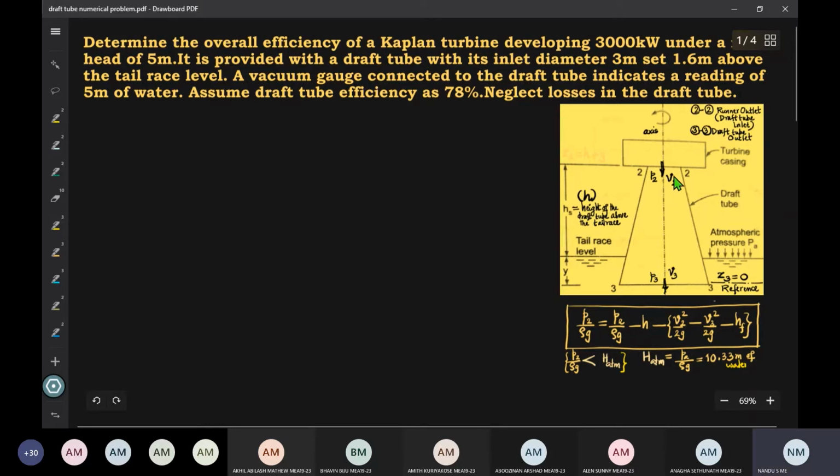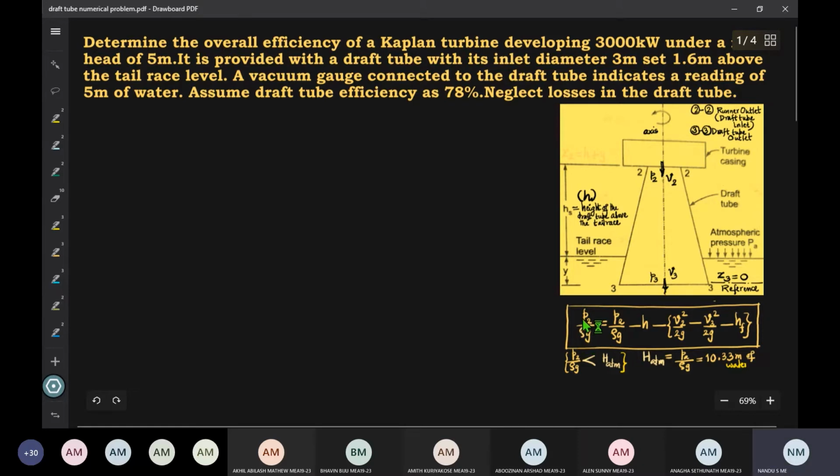We do not know the values of velocity of water at the draft tube inlet and also the velocity at draft tube outlet, so we can make use of this expression for the pressure head. So the pressure head prevailing at the inlet to the draft tube or outlet of the reaction turbine runner, which in this case is Kaplan turbine.